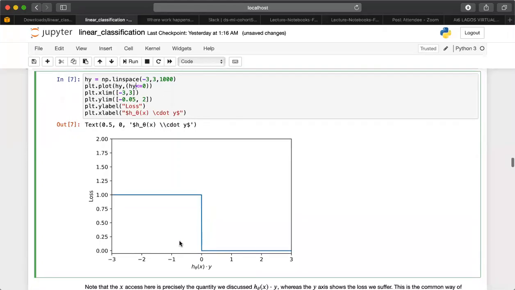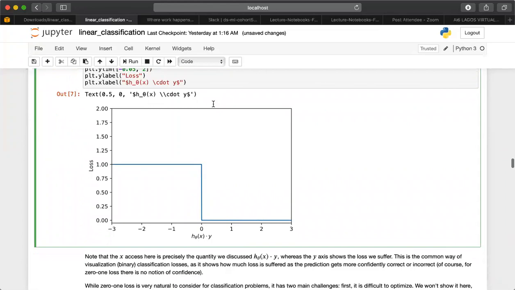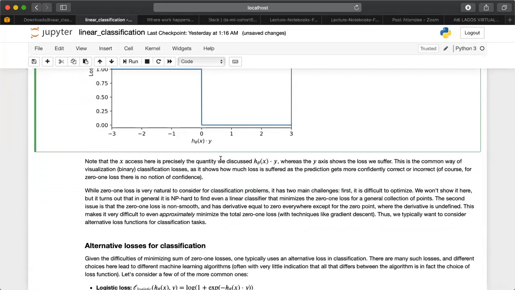I don't know if it is correct to say this is a step function. It looks like a step function. Usually they call it a step function. Okay, that's an aside.